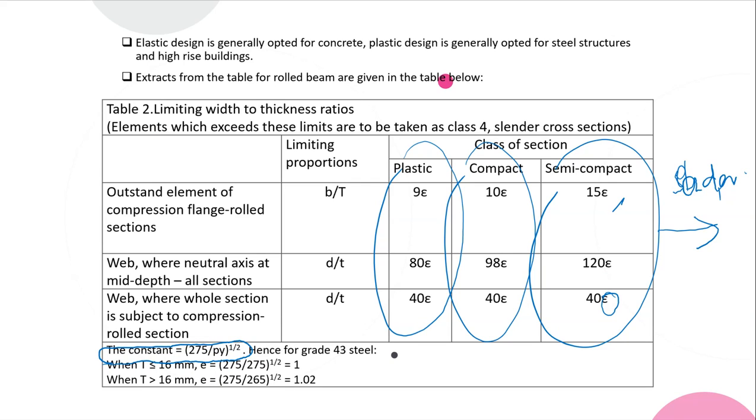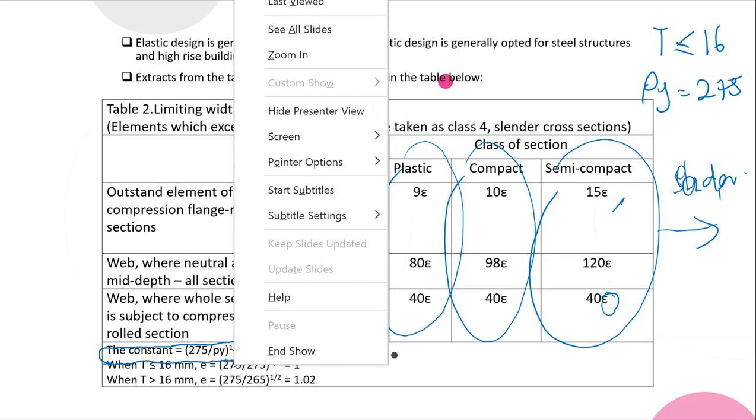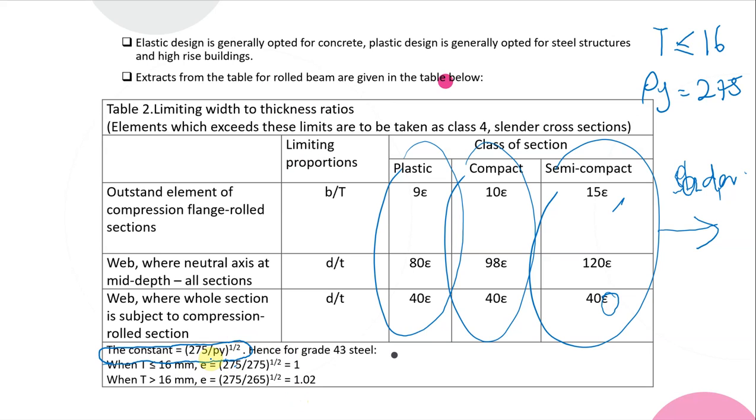So PY tu depends lah. Kalau ingatkan tadi kita tengok dekat dalam table tu, kalau katakan T is less or equal to 16, PY adalah 275. So you ambil value 275 ni, you letaklah dalam ni, so you akan dapat 1. Okay, so 275 bagi 275 square root, tetap 1. So 9 darab 1, 9 lah.